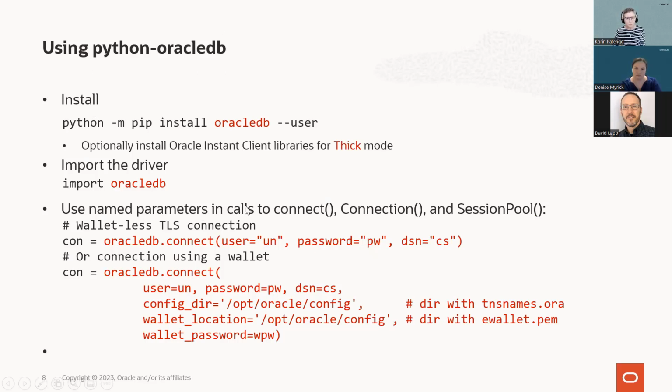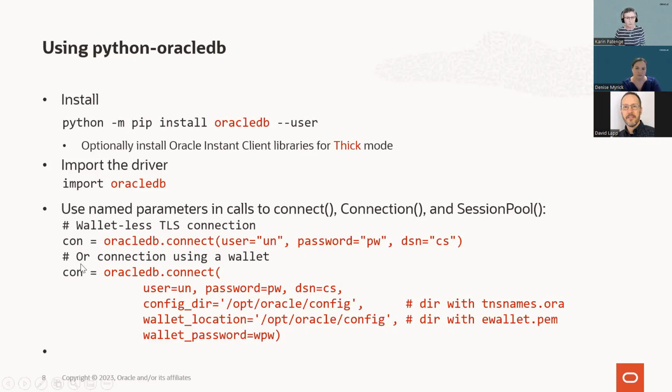Then, of course, you want to use the Python driver, and for that you need to import it via the import statement. And then connecting to an Oracle database, you simply use the connect method, providing the credentials for the specific database user and the service name to connect to it.